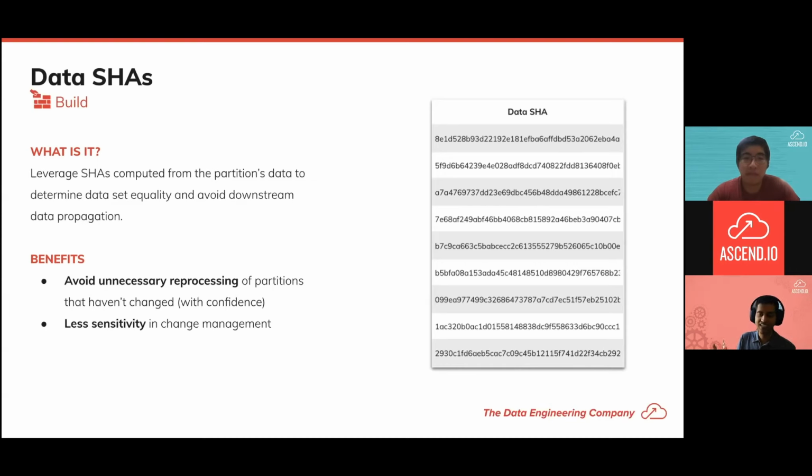You might then be thinking, okay, so then what? And this is where we're going to take a step back into a little bit of how Ascend works. So as Ascend is computing each component's artifacts, every component is generating an artifact SHA, which tells us, does the artifact exist already or does it not?